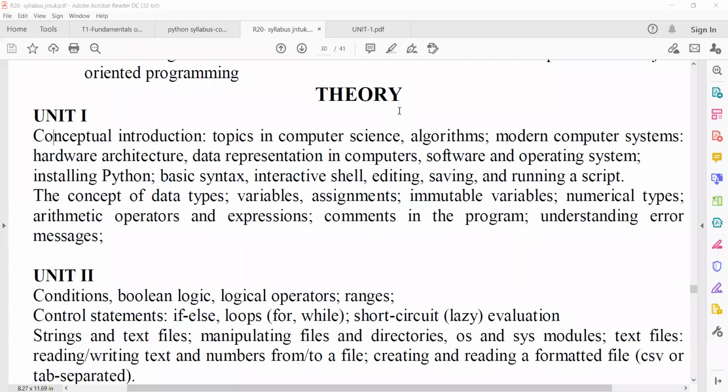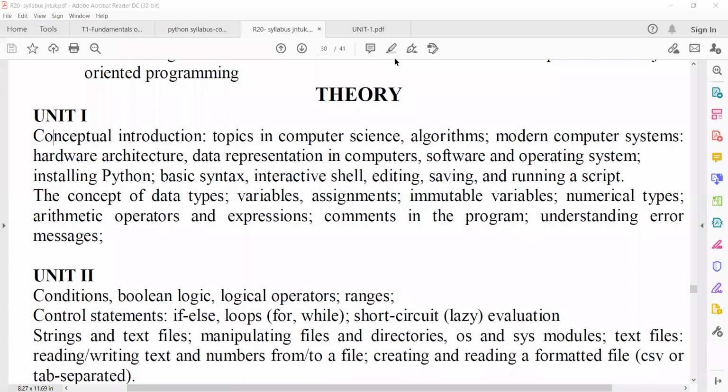So the concept of data types, whatever basic data types are available, the same thing here also we can learn. Next, variables. In any programming language, the variable concept is the same, but the way of representation is sometimes different.